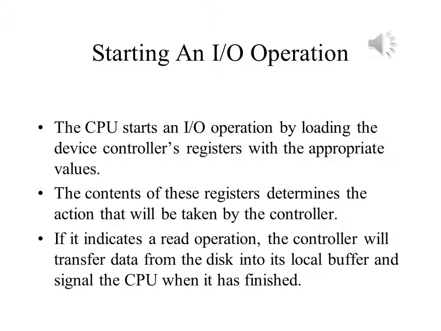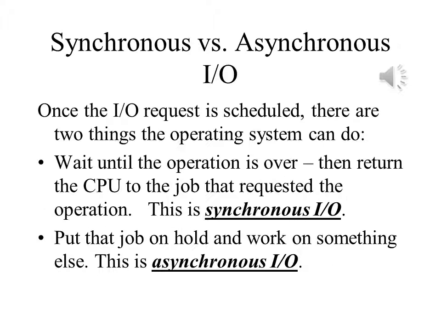In either case, the operating system will eventually start an input or output operation, which will take a large amount of time compared to what CPU operations typically take. Input and output take much longer than CPU operations, so the computer can do one of two things: wait for the disk drive, or whatever device it may be, to finish, or go on and work on something else while it is waiting.